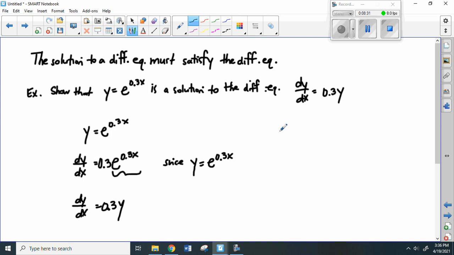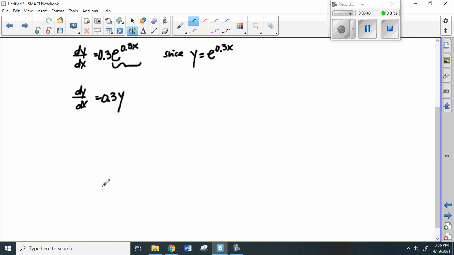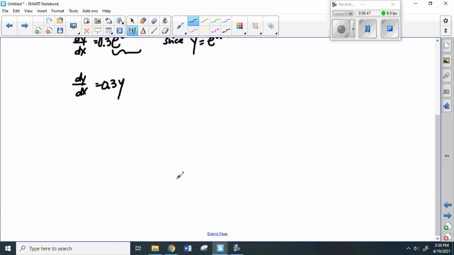That's just a quick review of what differential equations are and how to solve them. But what we're going to do today is talk about how you can represent a differential equation graphically. We are going to see today that to represent a differential equation graphically, you can use a slope field.